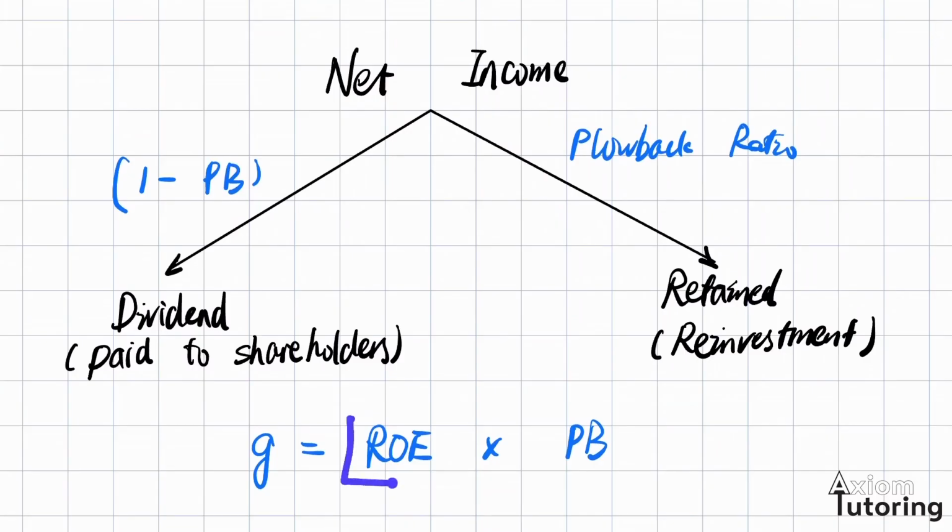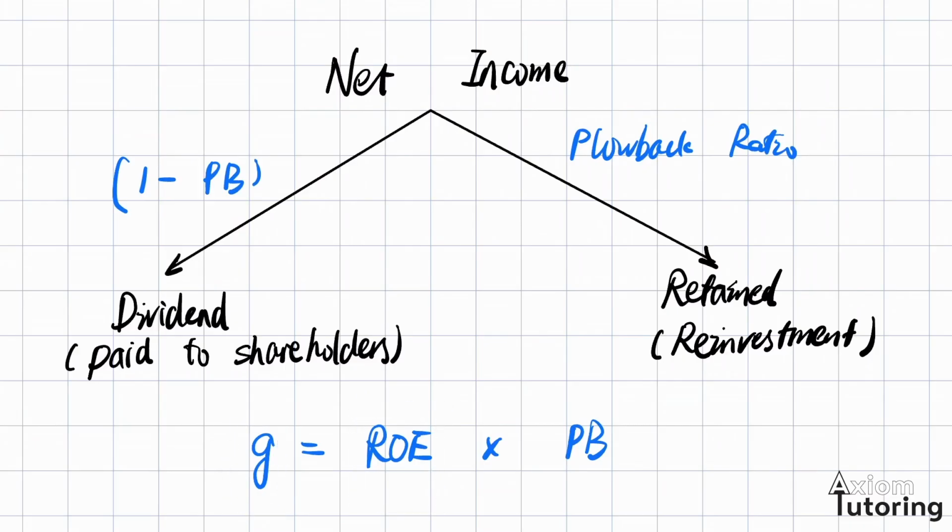The return on equity is basically how much the firm is earning here. If it's 100% plowed back to the firm, then the growth rate is simply the same as the return on equity. Every bit of income is going back to the company, so it grows by exactly the amount of the earnings. As a percentage, the growth rate is the same as the ROE here.